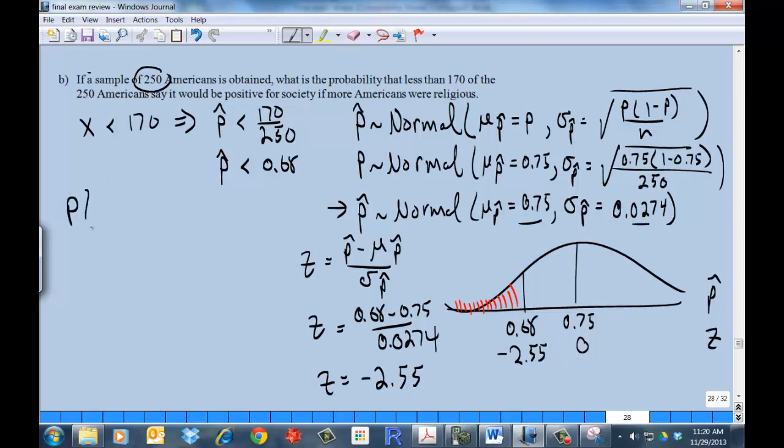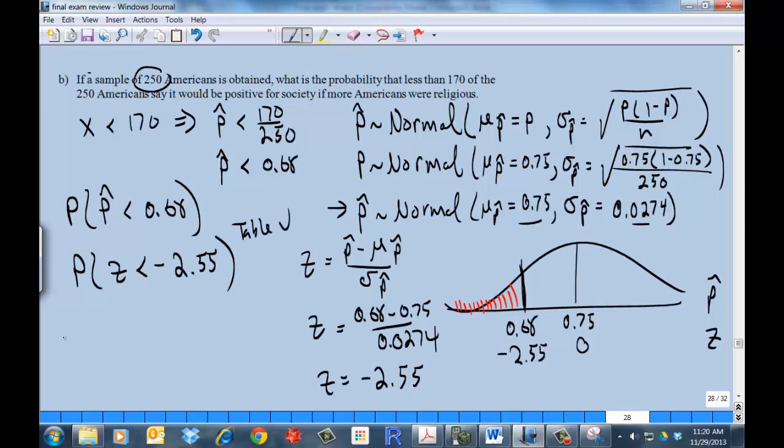So let's say the probability p hat is less than 0.68. That's from our picture here. And we're going to convert p hat into z, minus 2.55. And so now all we have to do is look up minus 2.55 from table 5 and get the probability.